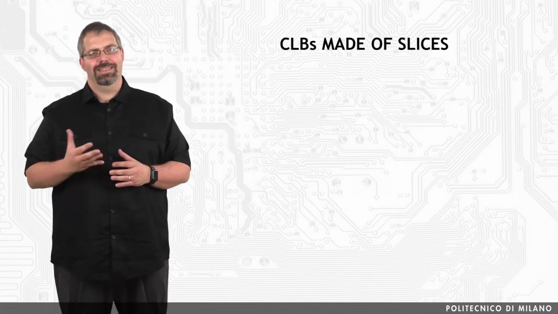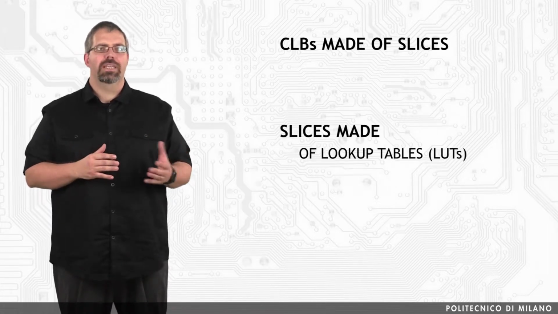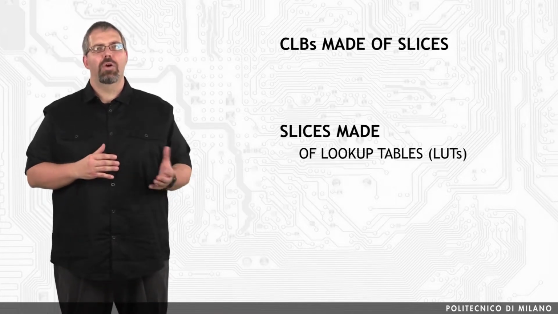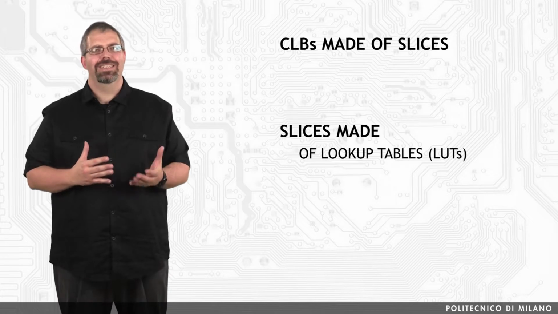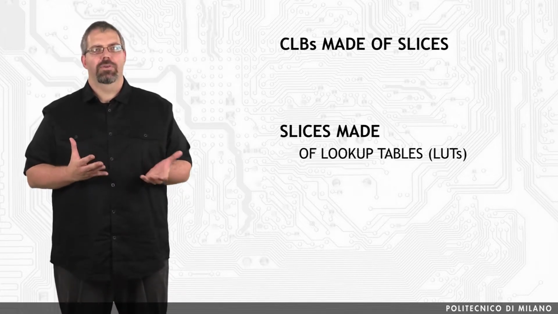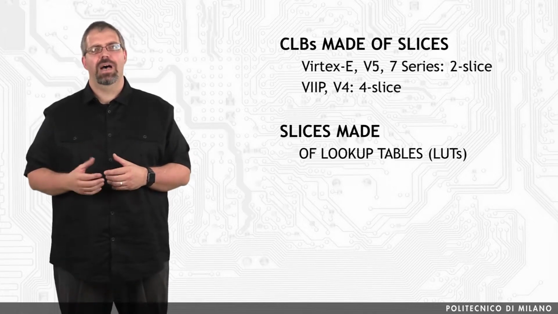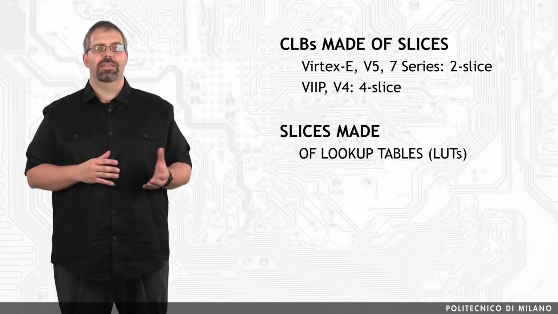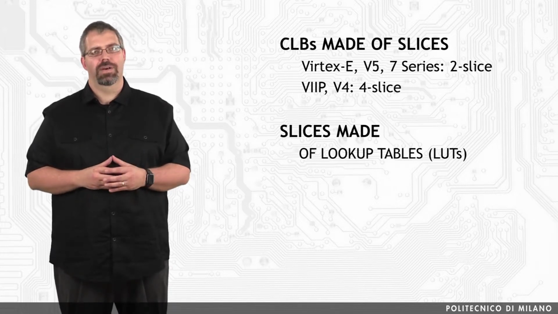In Xilinx FPGA, a single CLB is a hierarchical structure composed of a set of slices that are, at the same time, composed of a set of lookup tables. The number of slices can be varied according to the device, but in general, a CLB contains 2 slices, which is the case for the Virtex-5 or the 7 series, while 4 slices were present in the Virtex-2 Pro and Virtex-4 devices.